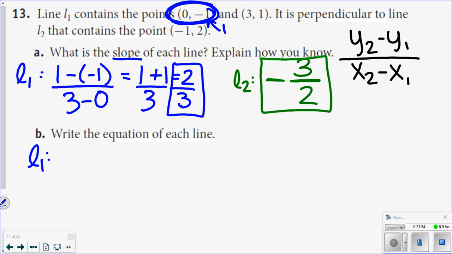This is my y-intercept. So let's write y equals m, my slope, and b, from question A. So 2/3 x, b I circled above, minus 1. Good job.